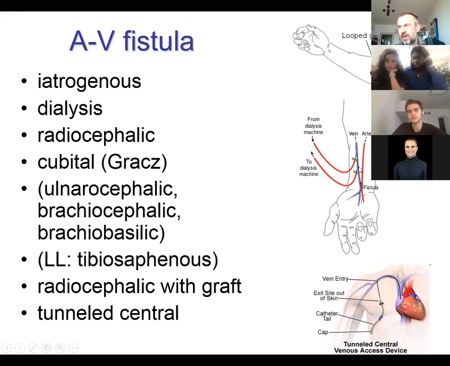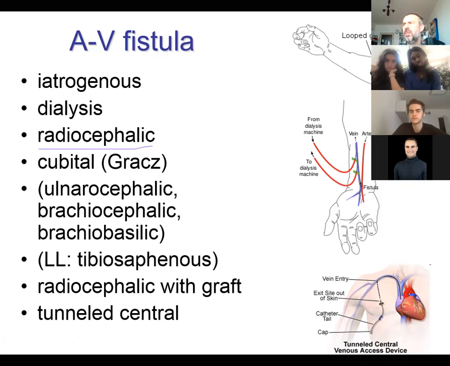So we can use a cephalic vein. We cut the cephalic vein and we join it together with the radial artery. Yeah. So here then you have the fistula, and all the time you would like to perform dialysis, you put a needle inside this fistula. So then that's the most common, which is called radiocephalic fistula.